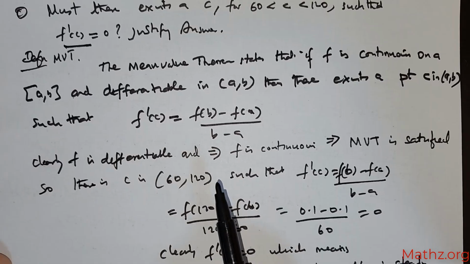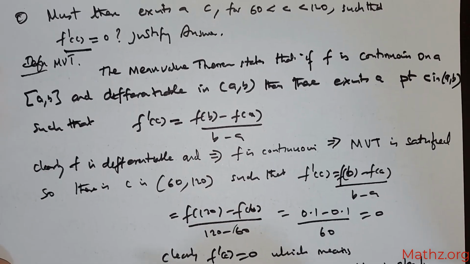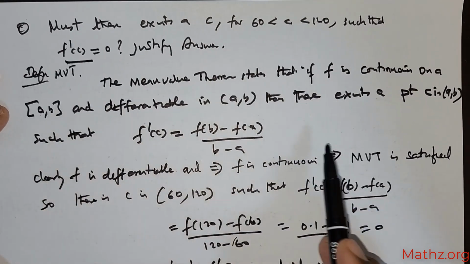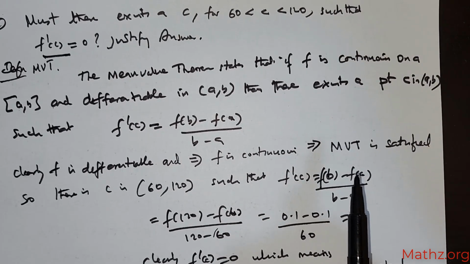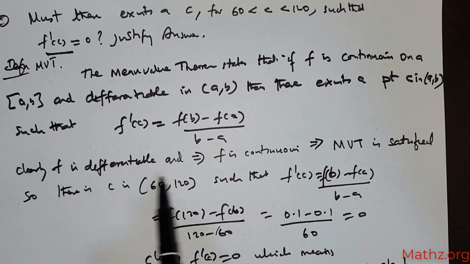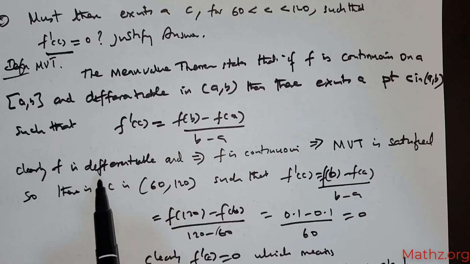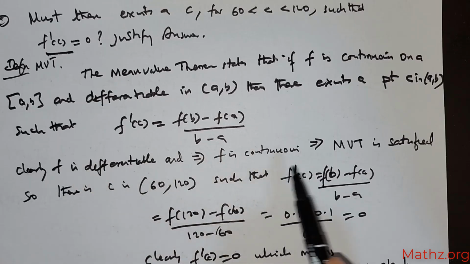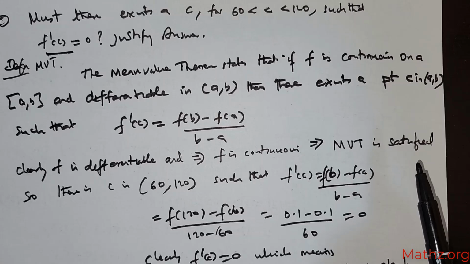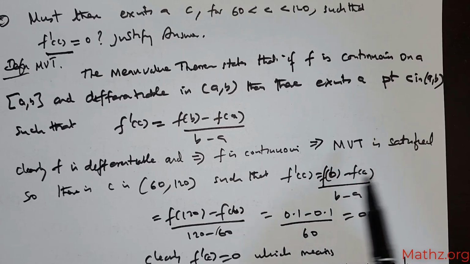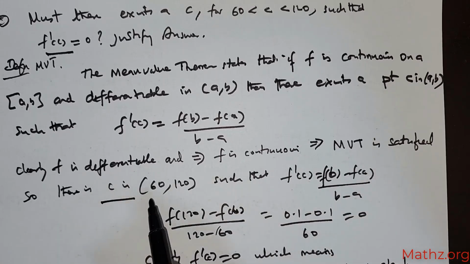If you want to score on this, it is better that you state you have a clear understanding of the mean value theorem, and then highlight the point. Because f of t is differentiable, naturally it is continuous, and the mean value theorem requires the function to be continuous. So MVT is satisfied, and that in turn means there is a C in (60, 120) such that you are getting a value like this.